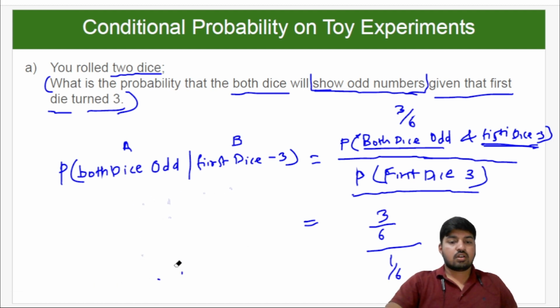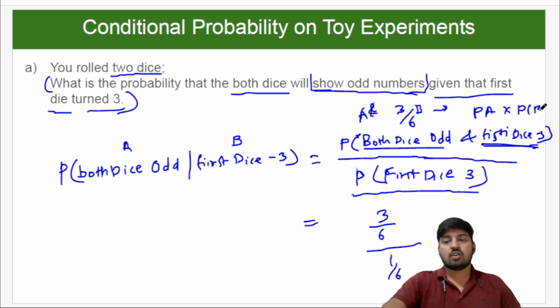So now we will calculate with another rule: the probability of A and B is going to be probability of A times probability of B. So what is the probability of both dice odd? Both dice odd is 1 by 2. This is what we have calculated. Correct? This step we have missed.